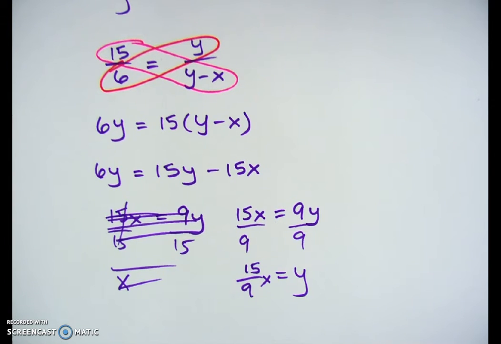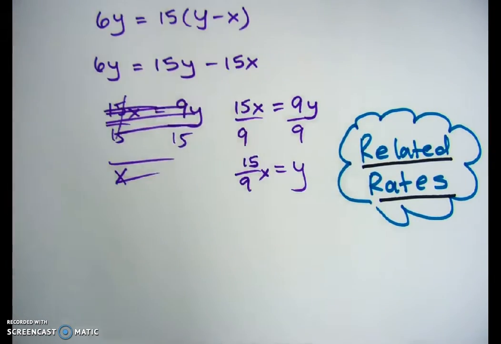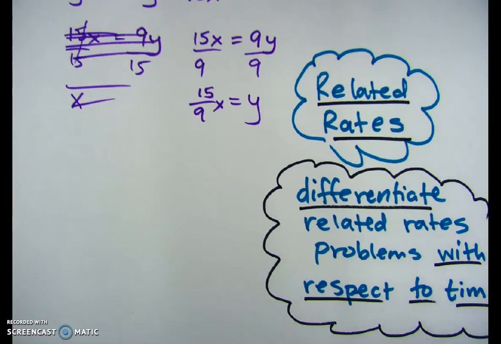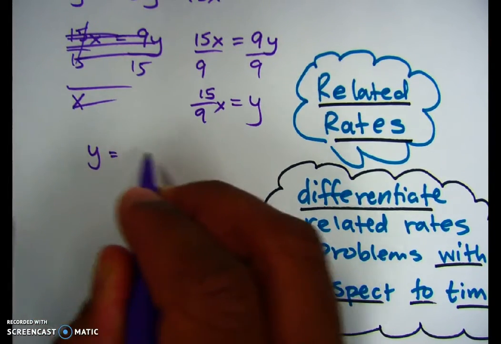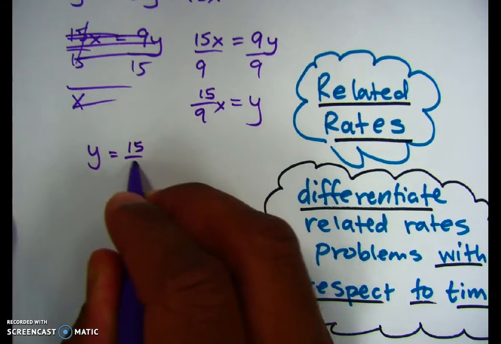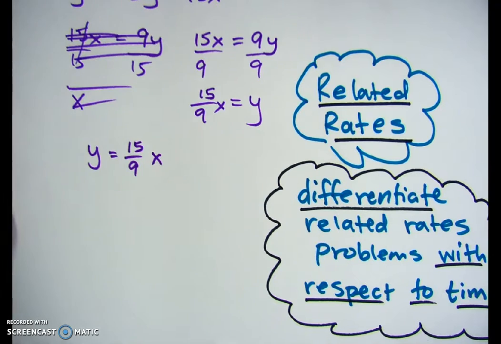The thing here is that this is a related rates problem. And related rates problems are differentiated with respect to time. So we're going to take the derivative of both sides with respect to time.